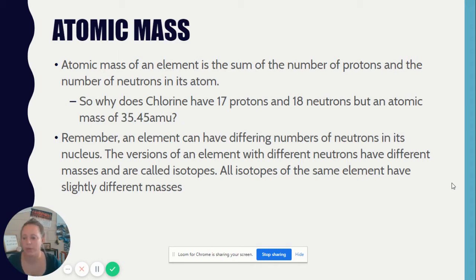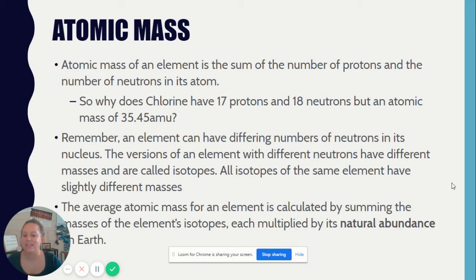I might have some chlorine that has a mass of 36, okay? What we find when we look at the periodic table is that there is an average atomic mass. No matter what sample of chlorine I pick up, on average, one atom will have a mass of about 35.45. Some will be a little bigger, some will be a little smaller. The average size is 35.45, okay?